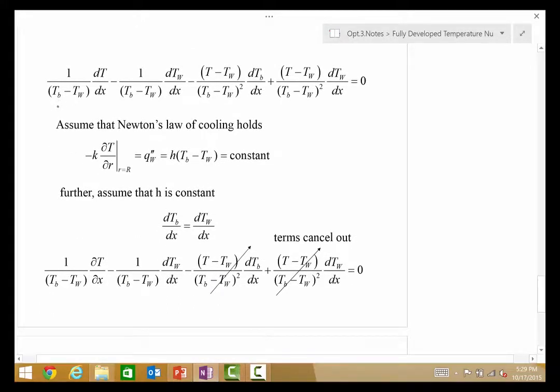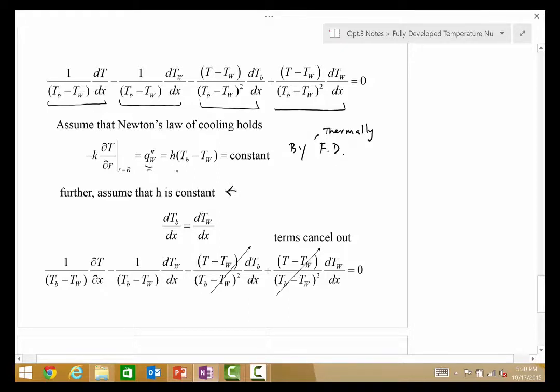These first two terms are associated with the numerator, and the last two terms are associated with derivatives of the denominator. And so, assuming Newton's law of cooling holds, and we know that by being thermally fully developed, that H is a constant.